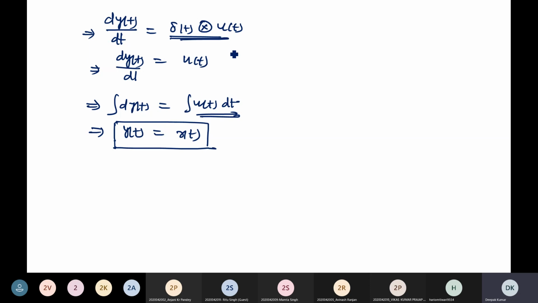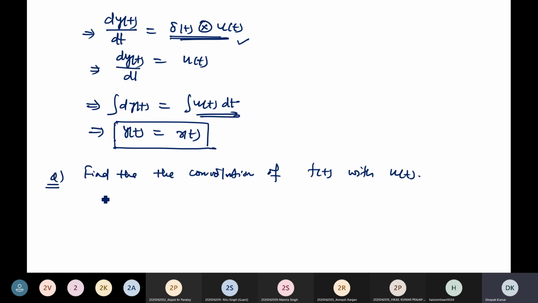Or take another example: find the convolution of f of t with u of t. Y of t will become f of t convolution with u of t.